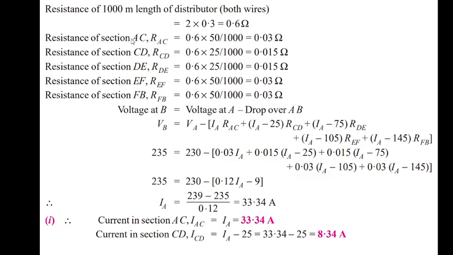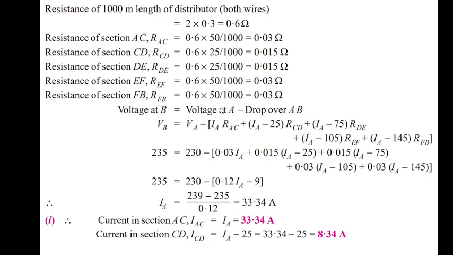And the resistance of section AC, RAC, is equal to 0.6 times 50 meters divided by 1000 meters, equal to 0.03 ohm. For CD, DE, EF and FB we can also find them depending on the length of the feeders.